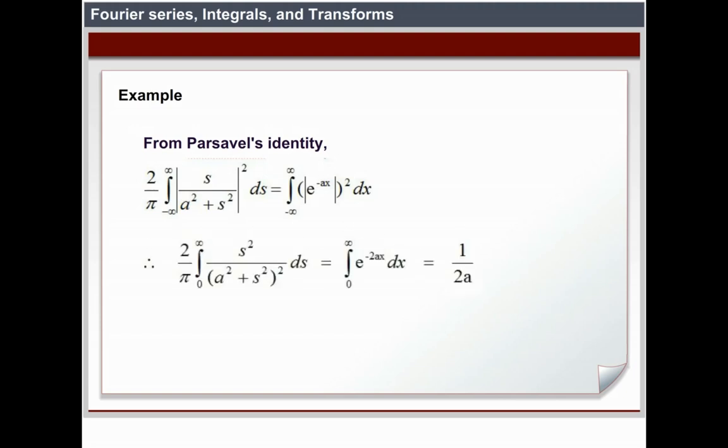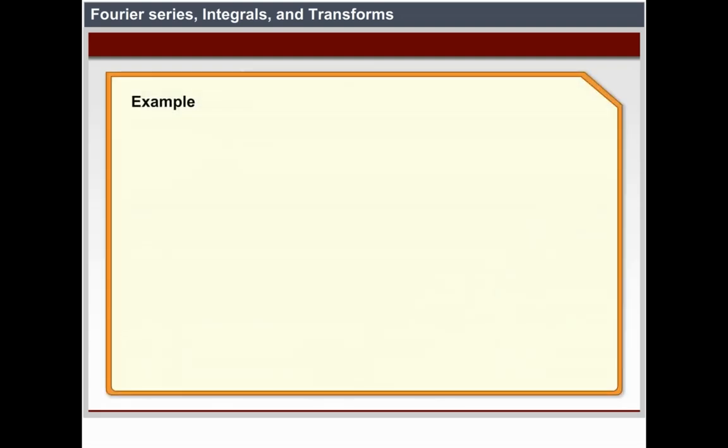Therefore, 2 by pi integral 0 to infinity s square divided by (a square plus s square) whole square ds equal to integral 0 to infinity e power minus 2ax dx equal to 1 by 2a. Therefore, integral 0 to infinity x square divided by (a square plus x square) whole square dx equal to pi divided by 4a. Example.